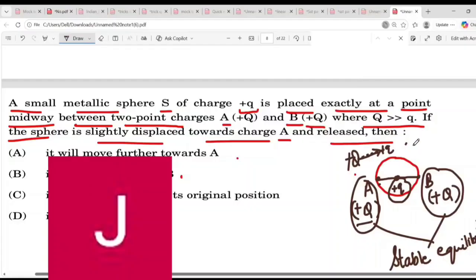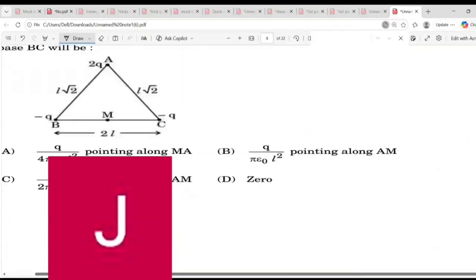In case it is asked in the exam that if it moves towards B, then what will happen? It again comes towards the center position. So our answer will be, it will oscillate about its original position. Okay. Done.